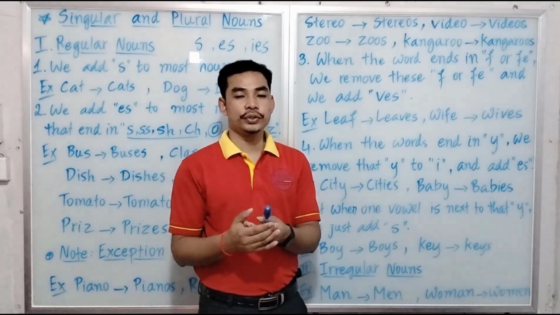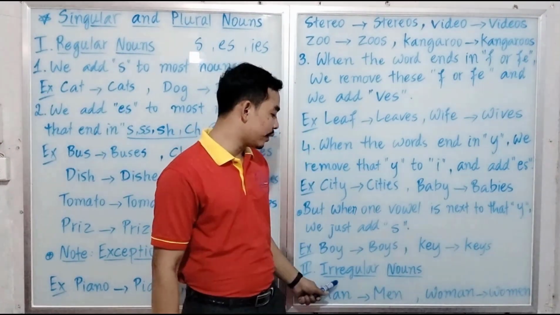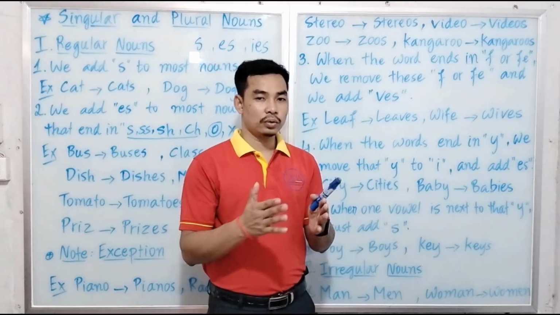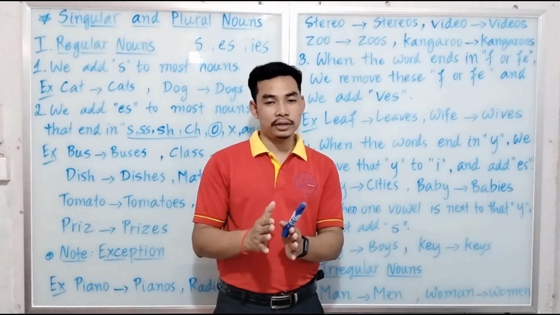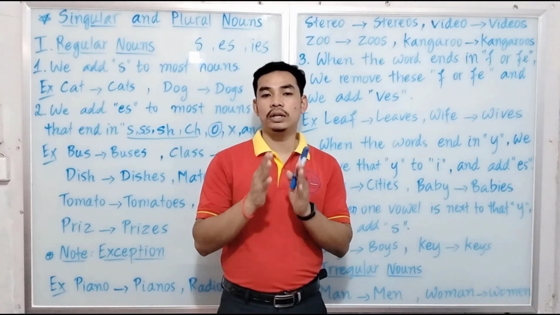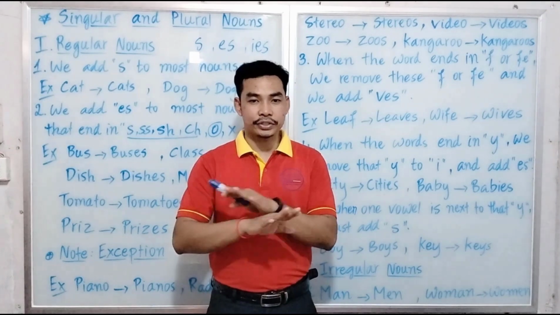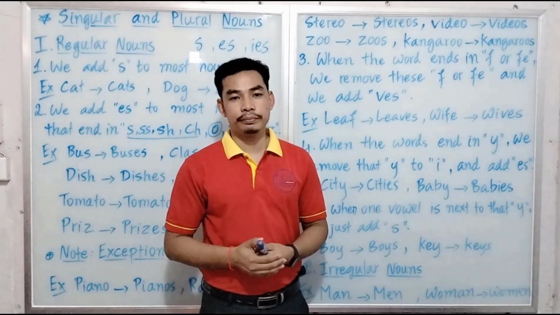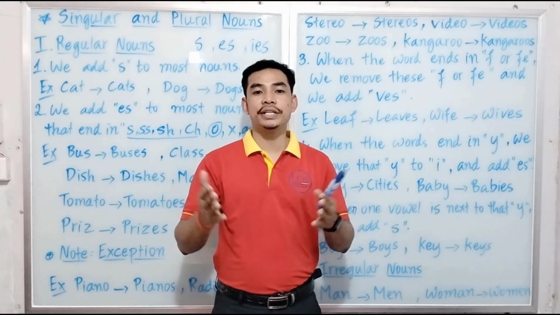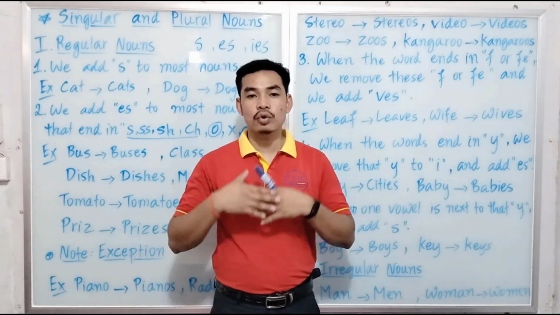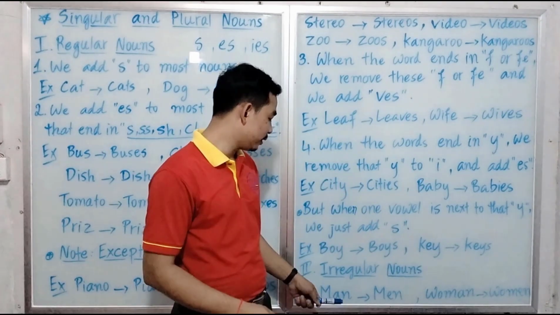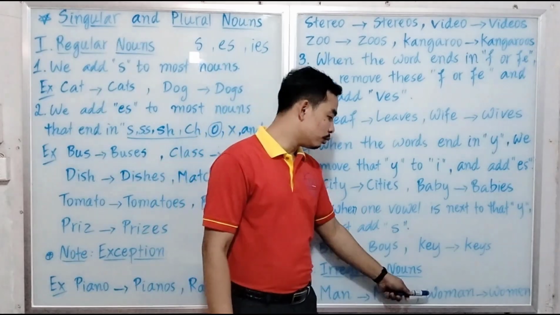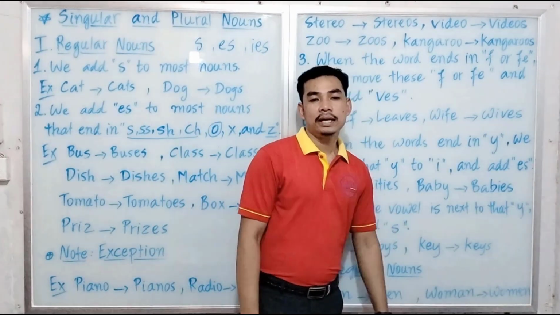And the last one for you here is about irregular nouns. So I told you already about here, so we just only memorize. There is no choice but to remember. So the best way for you means you go and find out the words and try to remember. Example here, man, men, woman, women.